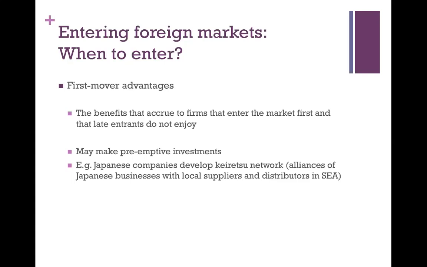So for instance, in terms of preemptive investments, Japanese companies developed the Keiretsu network, which is basically the alliances of Japanese businesses with local suppliers and distributors in Southeast Asia. They developed that kind of network, being the first companies developing the business in this market.